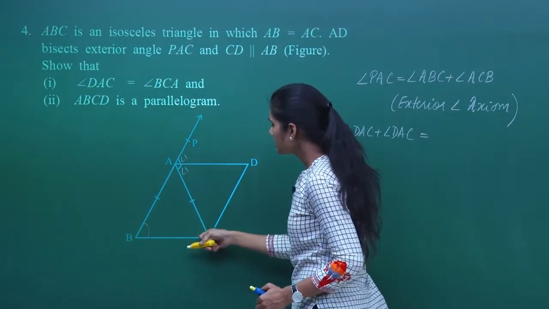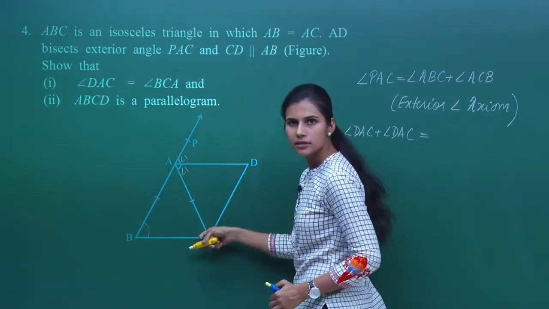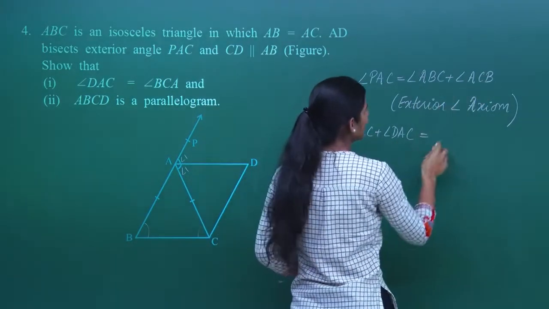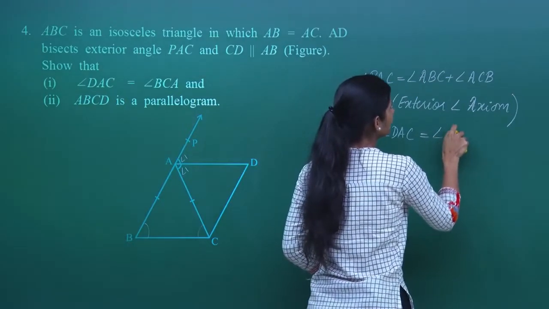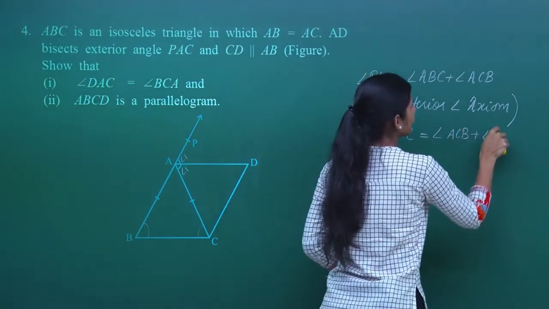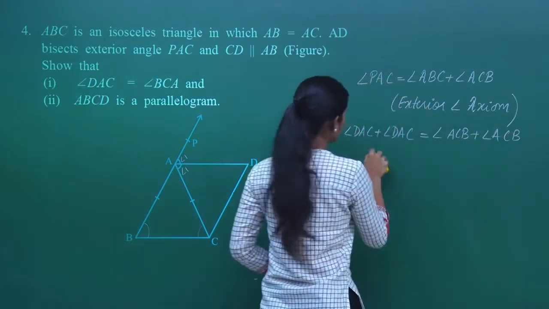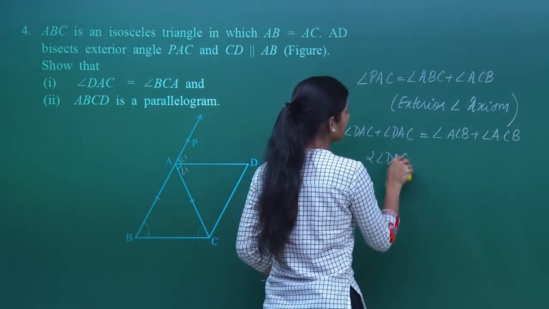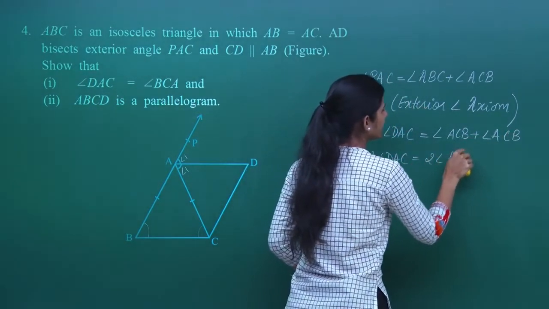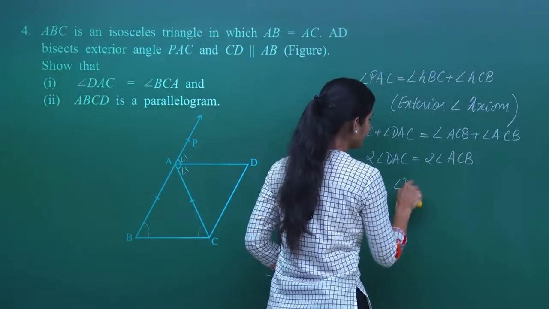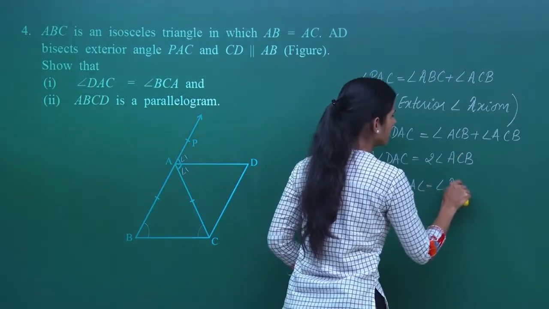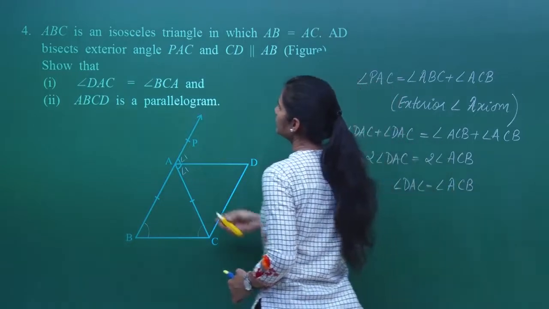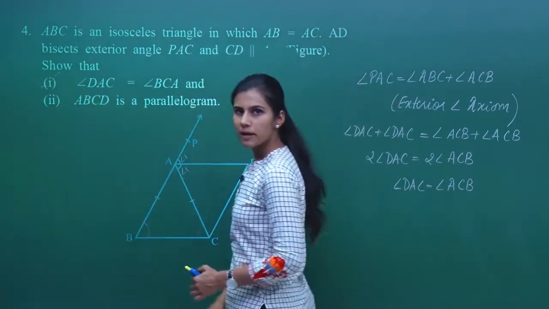So this plus this can be written as this plus this, right? Angle ABC is same as angle ACB. So I will write here ACB plus angle ACB. So you will have twice of angle DAC is equal to twice of angle ACB. This means angle DAC is equal to angle ACB. You have proved the first part.